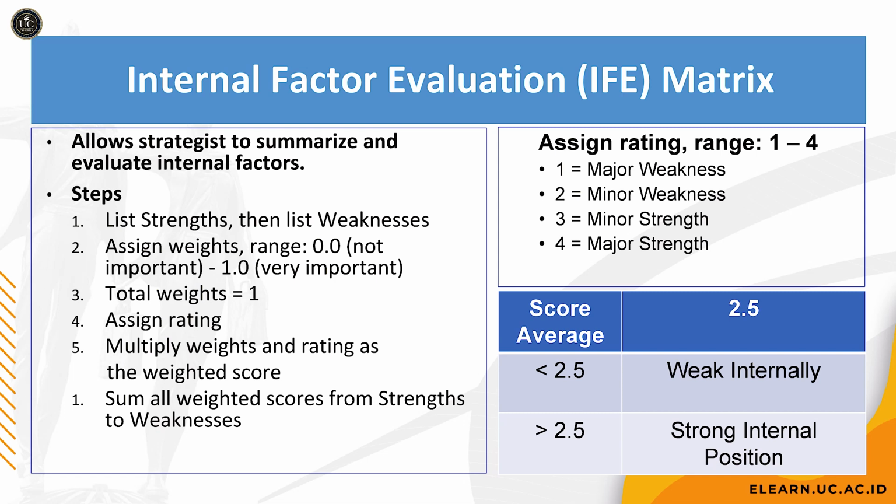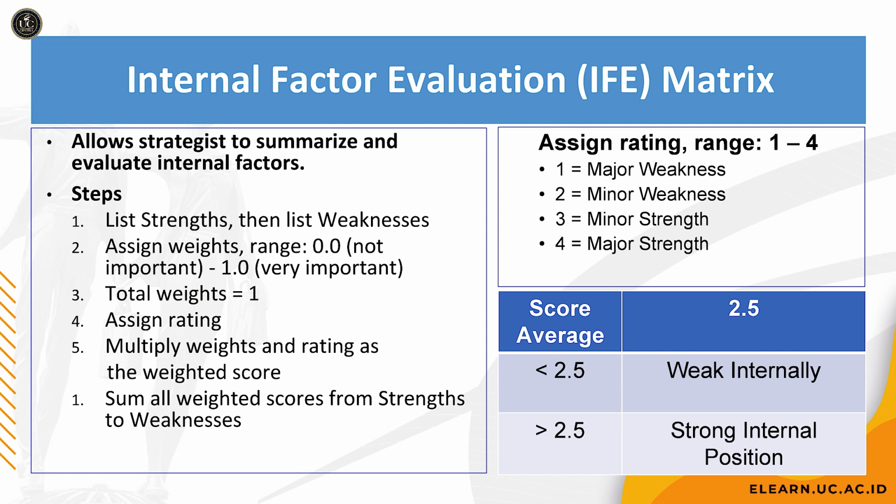Now, you multiply the weight and the rating assigned for each strength and weakness. And when you sum up everything, you get the total score. If your score is less than 2.5, it means that your company is weak internally.